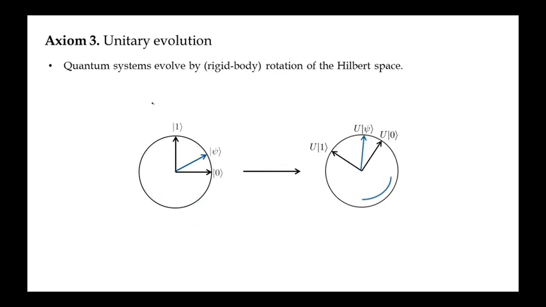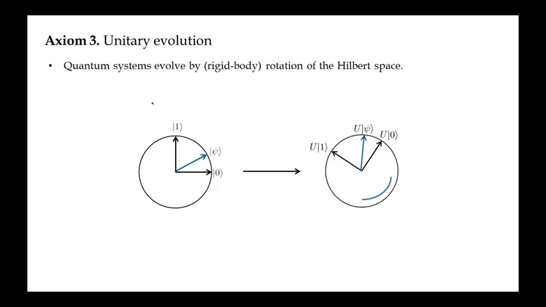The last axiom, unitary evolution, says the quantum state evolves by rigid body rotation of the Hilbert space. So what you do is, you know the state of the system is some unit vector at some point on the unit sphere in this k-dimensional complex Hilbert space.